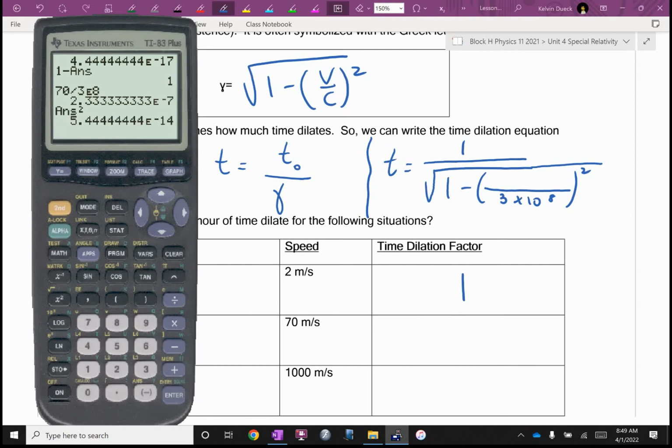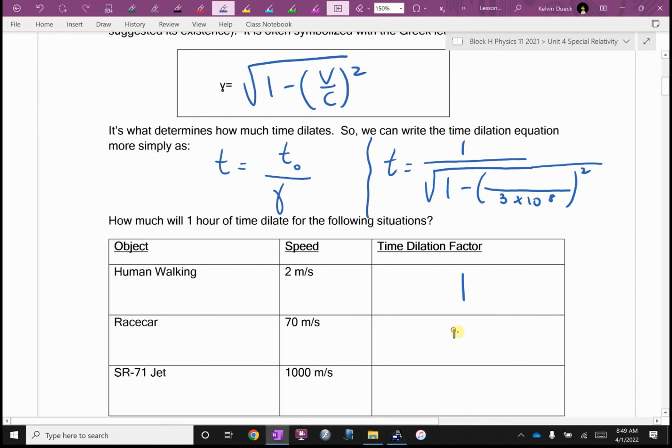I get 5.44 times 10 to negative 14. If I go 1 minus that, again the time dilation is so small that my calculator can't even complete the calculation. So is it true that a race car driver experiences time more slowly? Yeah, but it's not something we plan for or have to take into account.